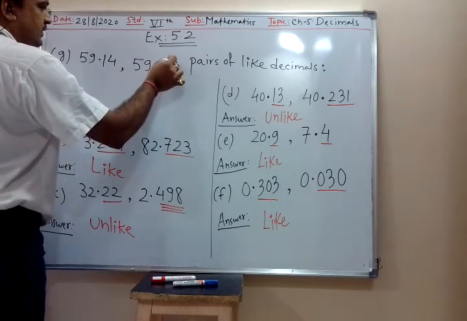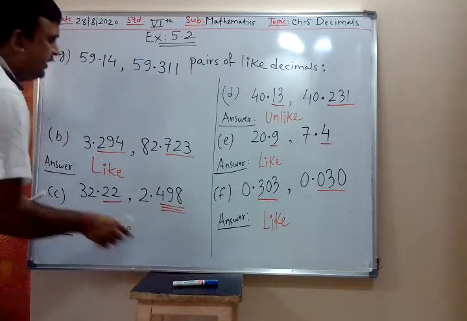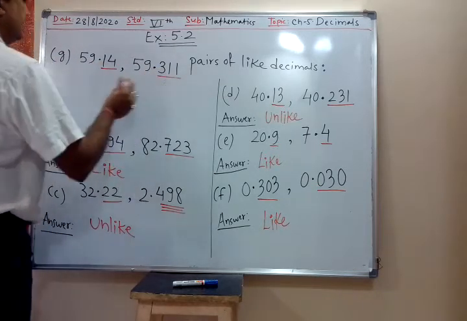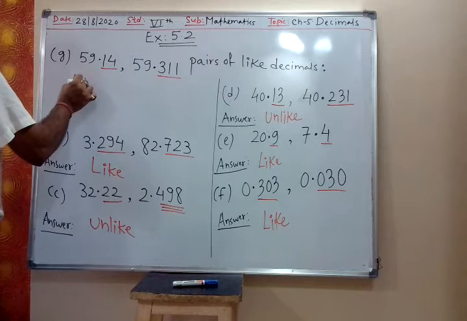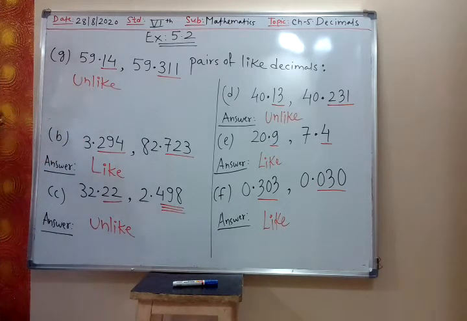So after point, we see the number of digits, two digits and three digits. So it is unlike. Yes, it is unlike.